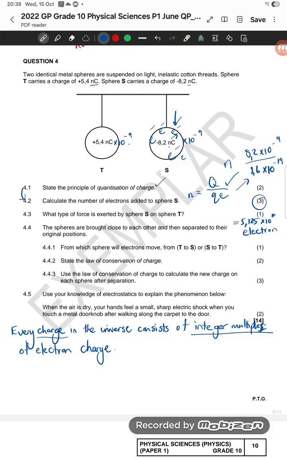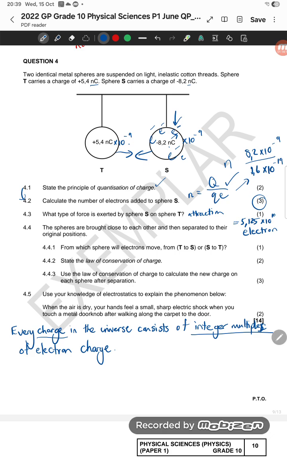Now, attraction force. Let's see, what type of force is exerted by sphere S on sphere T? Right now they are attracting because they are negative and positive. So attraction. After they come together, they will repel each other. And this is it got some electrons through static electricity.